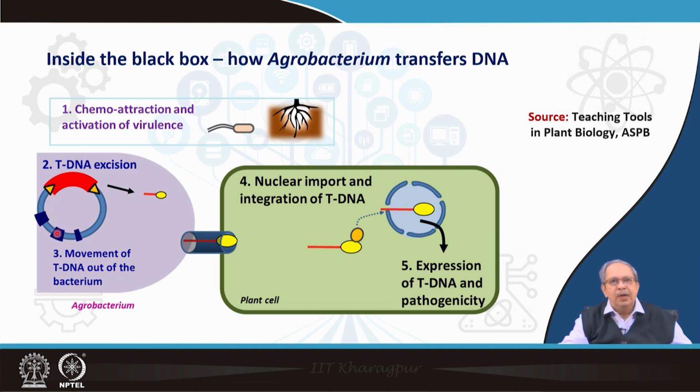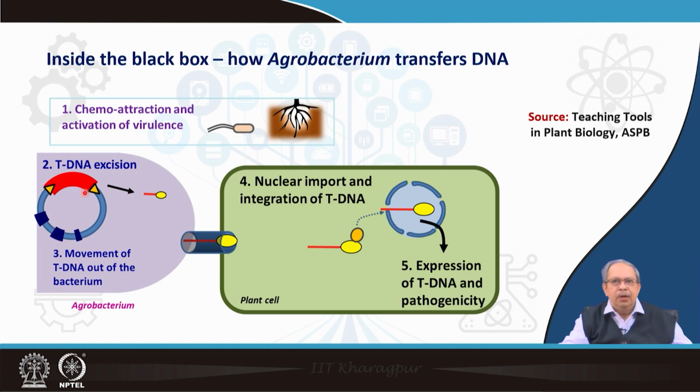First, virA, virulence A, is activated. I have not put all details here, I am just telling verbally, that it activates virG, which subsequently activates the other virulence genes such as virD1, virD2, virD3, then virE, virF, and of course virB. All of these play an important role.